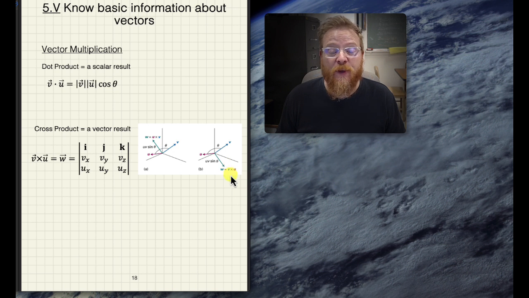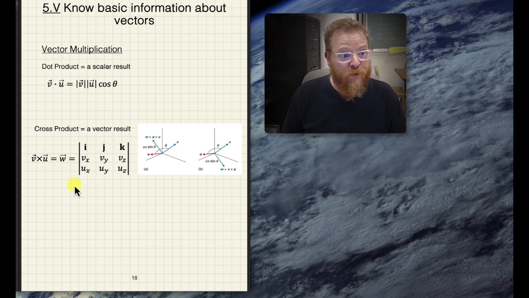So for example, if we go V cross U, we get a different vector. It will have the same magnitude, but its direction will be different depending on the order in which we take the cross product. So I want to go through that. It's going to be important that we know how to take that cross product. So let's make sure we review that. And remember, it is order specific.